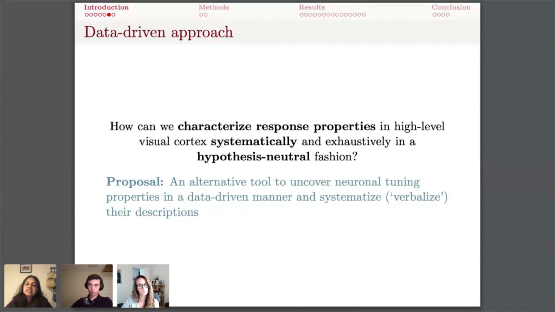This approach has minimal a priori biases, and it brings neuroscience data directly to bear on the model development and fitting process. Thus, it's likely to be much more flexible and effective in understanding tuning properties throughout the visual system. And we couple this approach with a novel model interpretability technique to systematize the descriptions of what single voxels encode and represent.